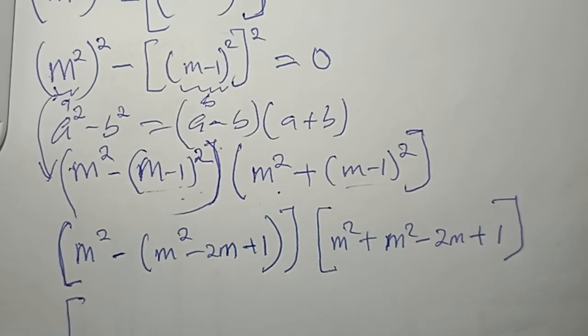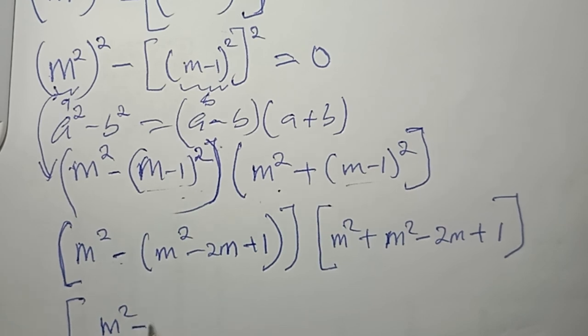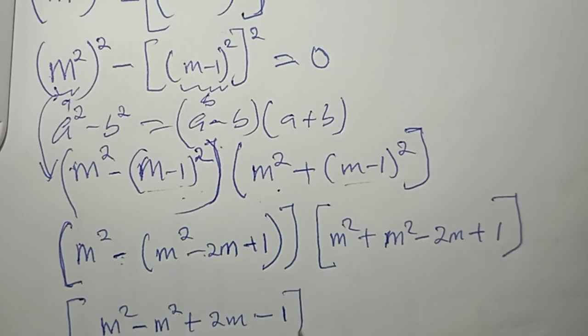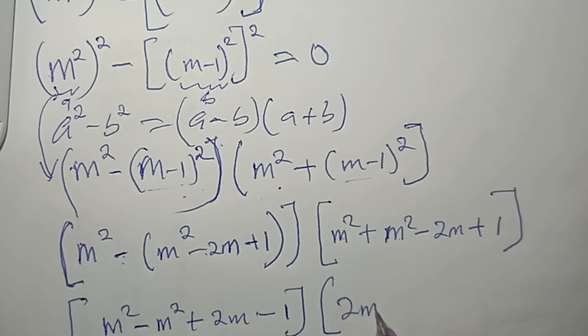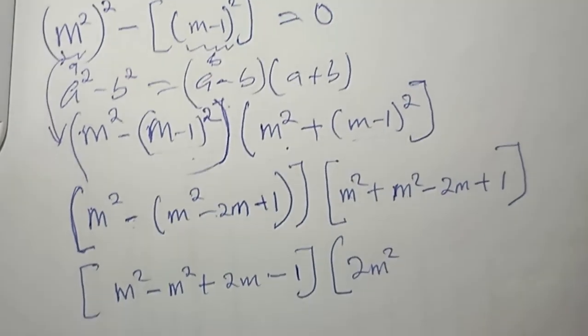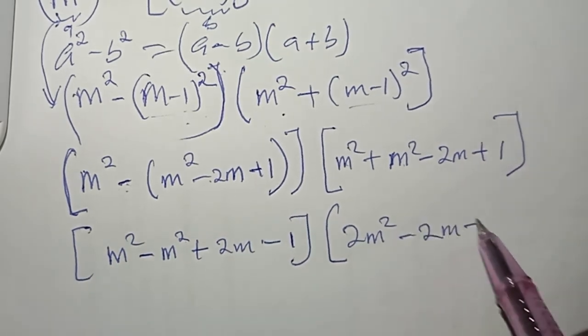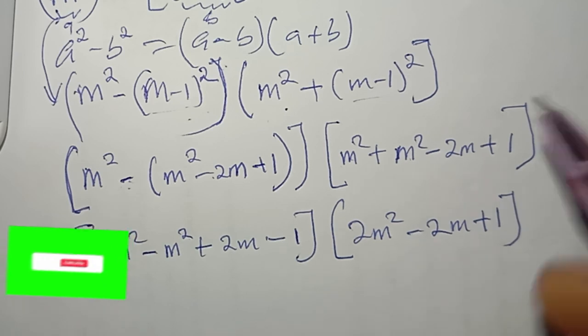Moving on, this is m^2, so I'm going to use this minus to open this bracket. So this is minus m^2, and minus multiplied by minus gives you plus 2m, and then minus 1. And this plus this gives 2m^2 - 2m + 1.